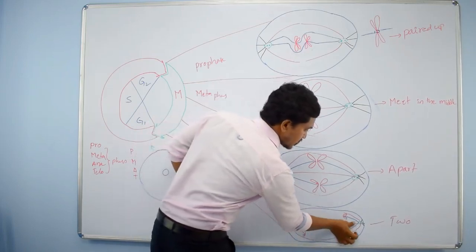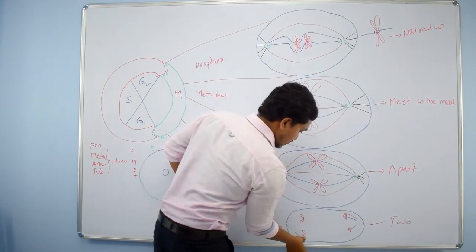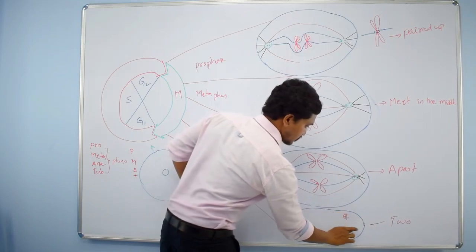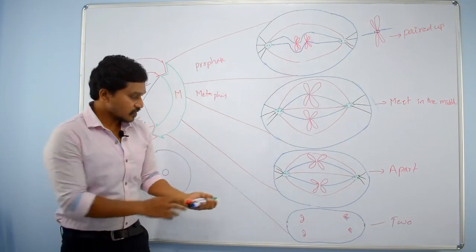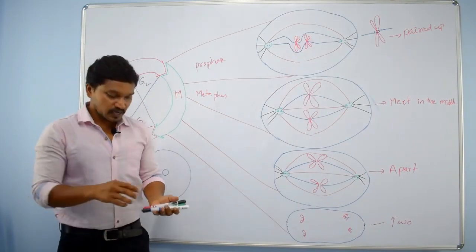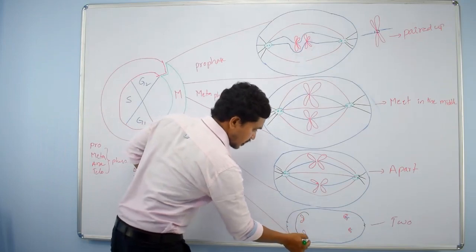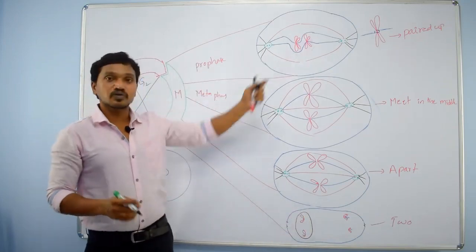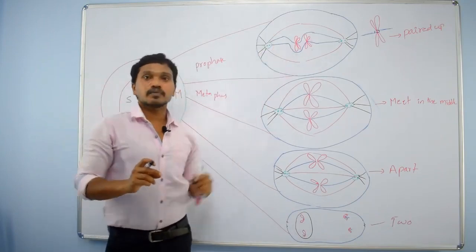So after disappearance of aster, what will be there? Reappearance of nuclear envelope. So the aster is removed, then reappearance of the nuclear envelope. How? Here I told you some membrane vesicles will remain when the nuclear envelope disappears.